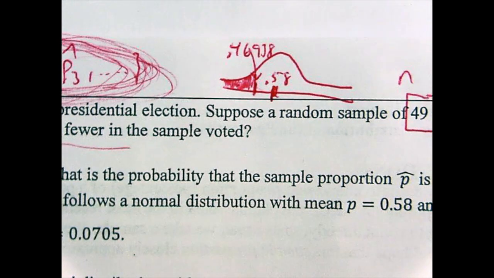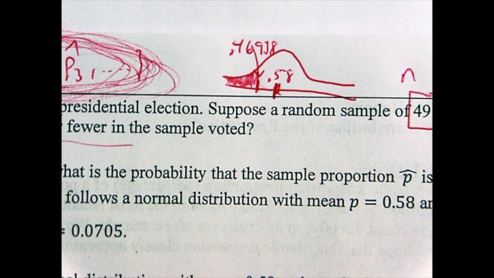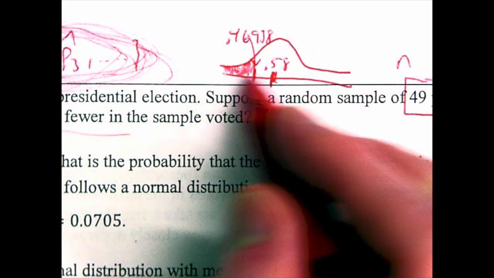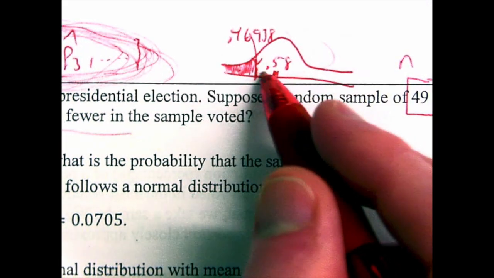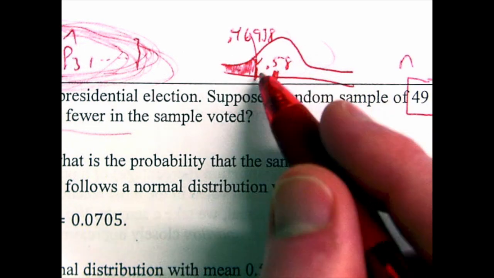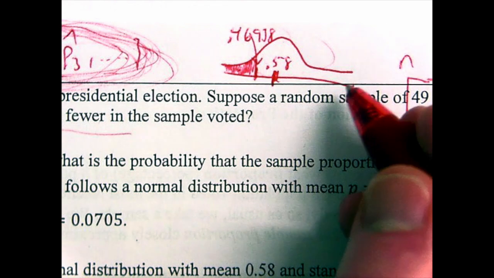Now, we know that to find this area, we have to convert to a standard normal distribution, right? This is not a standard normal distribution. The mean isn't 0, it's 0.58, right? So we have to convert using the z-score formula, right?